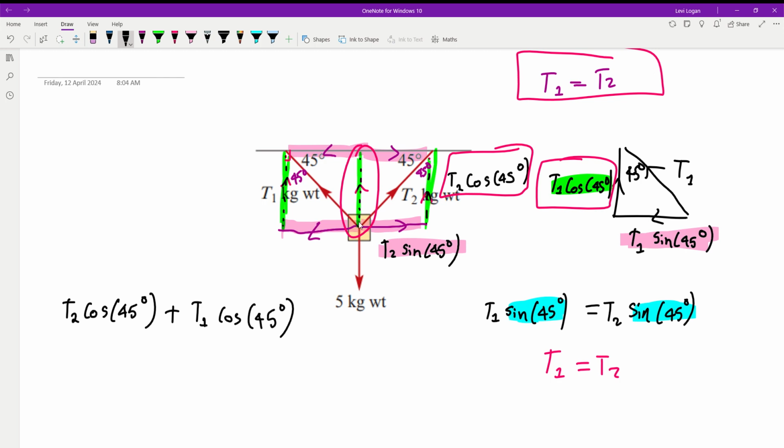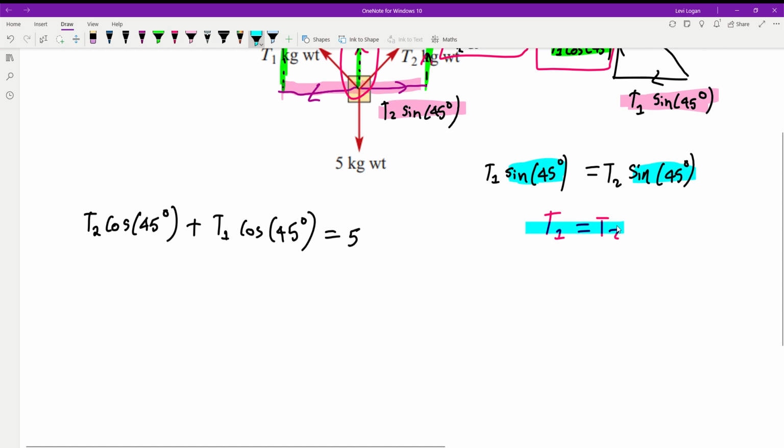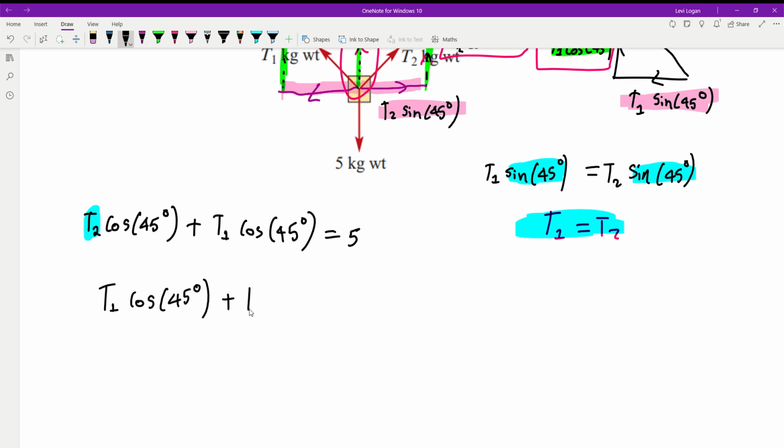This force is counteracting the 5 kilos downward, so it's equal to 5. Oh, we forgot the T. We also know that T1 equals T2, so we can substitute T1 for T2. What we get is T1 cos 45 degrees plus T1 cos of 45 degrees equals 5.